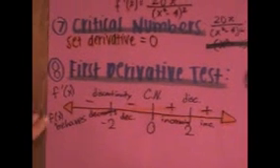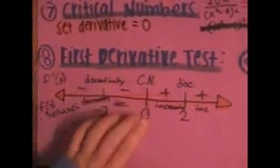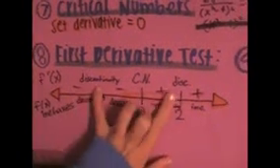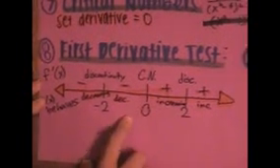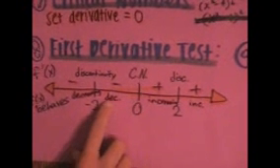Then you have to take the first derivative test. You can do this by plotting the critical numbers and the vertical asymptotes on a number line, and then you plug in numbers in between the intervals or regions.